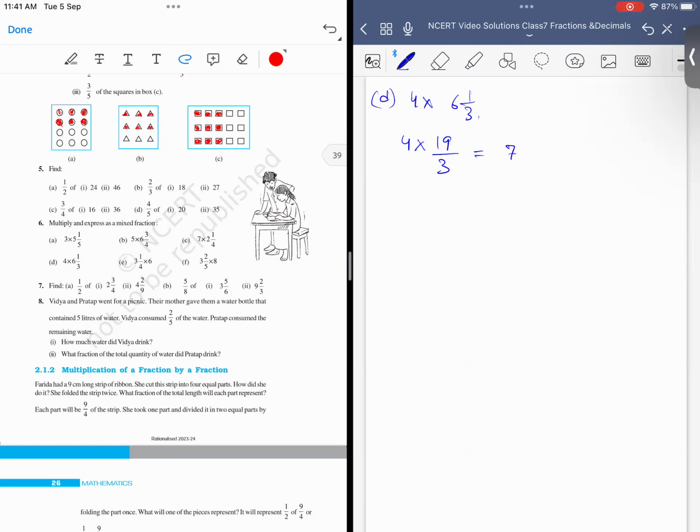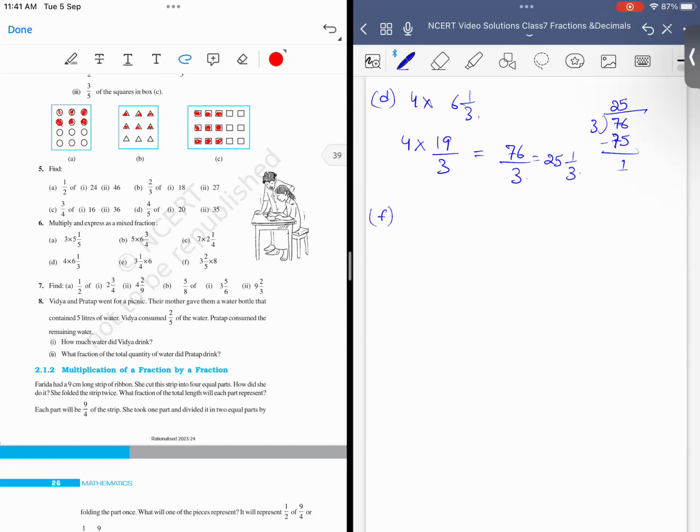Now again we see this is in simplest form. So divide 76 by 3. 75 we will take. 25, 1 is the remainder. So 25, 1 by 3 is the respective mixed form. Okay, so likewise we can do the rest.